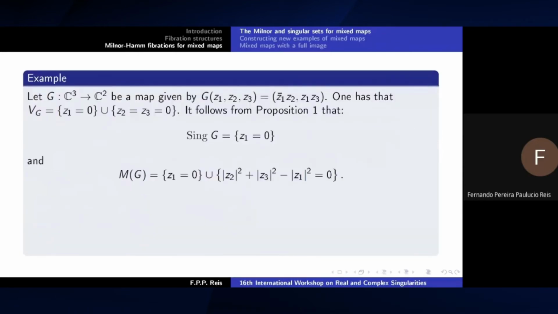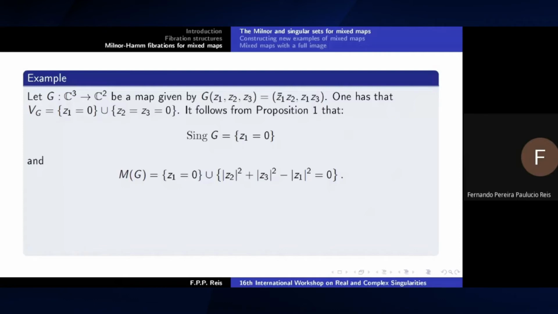For example, we consider the map G from C^3 to C^2 given by these two coordinates: z1 bar z2, z1 plus z3. One has that V_G, the variance, is given by this.